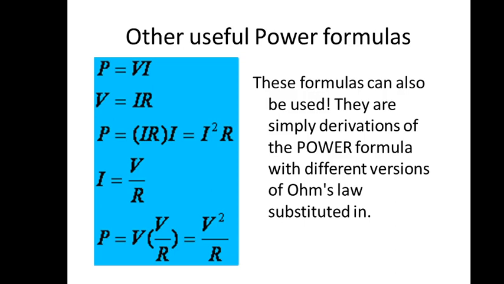P equals V into I, and V equals IR. Substitute that value in the above expression and you will get P equals I square into R. If you take the same Ohm's law, I equals V by R, substitute here and you will get P equals V square by R.